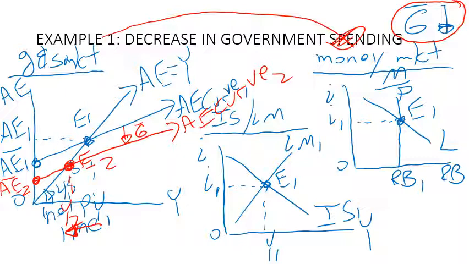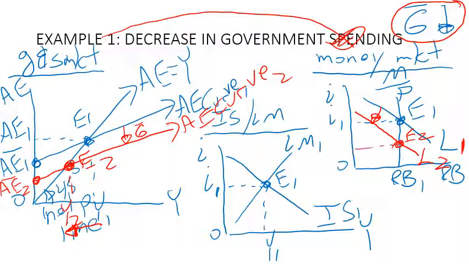It's money demand. Money demand, given a lower level of national income, of spending, would mean a leftward shift of money demand from L1 to L2, a downward shift, a new equilibrium.